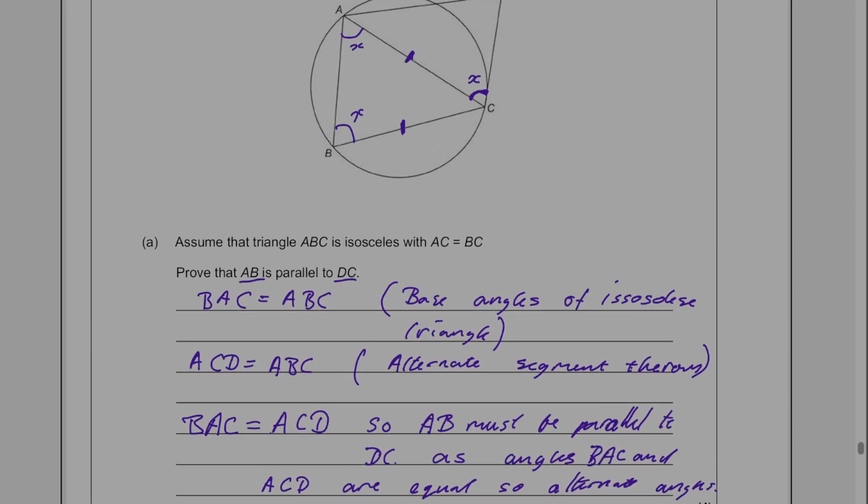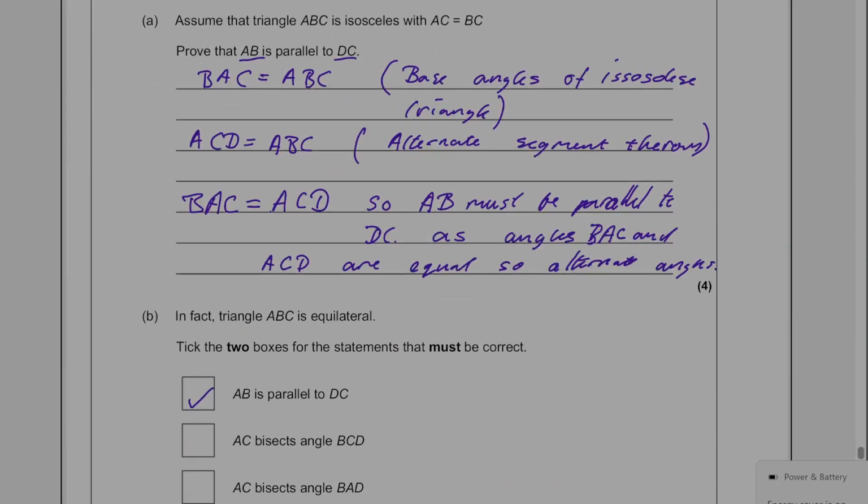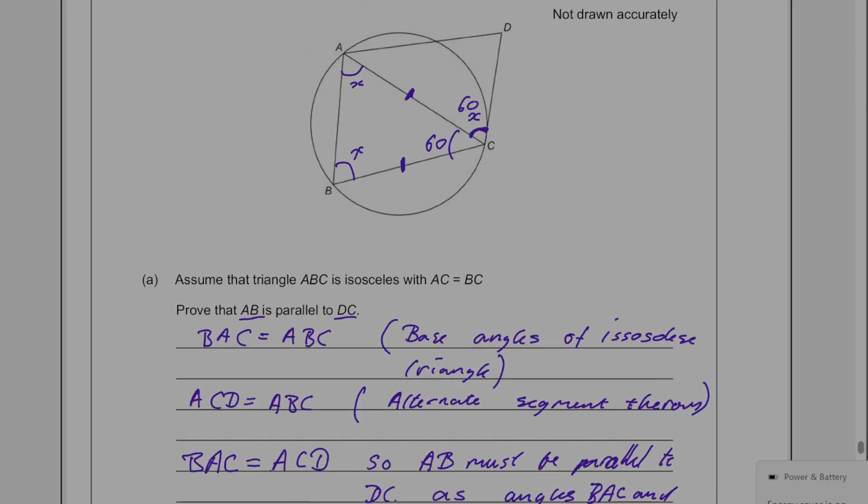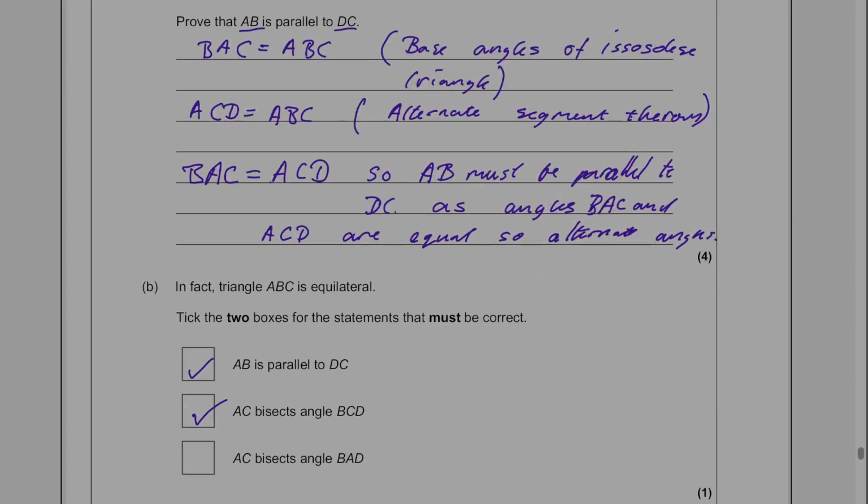Well, yeah, that would be true because all those angles are going to be 60 degrees. So that one would be true as well. AC bisects the angle BAD. No, that one wouldn't be true. So it's just those two.